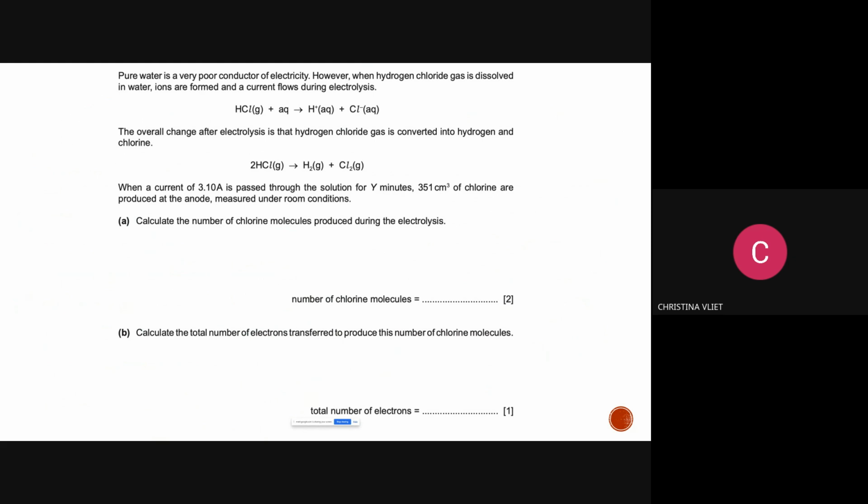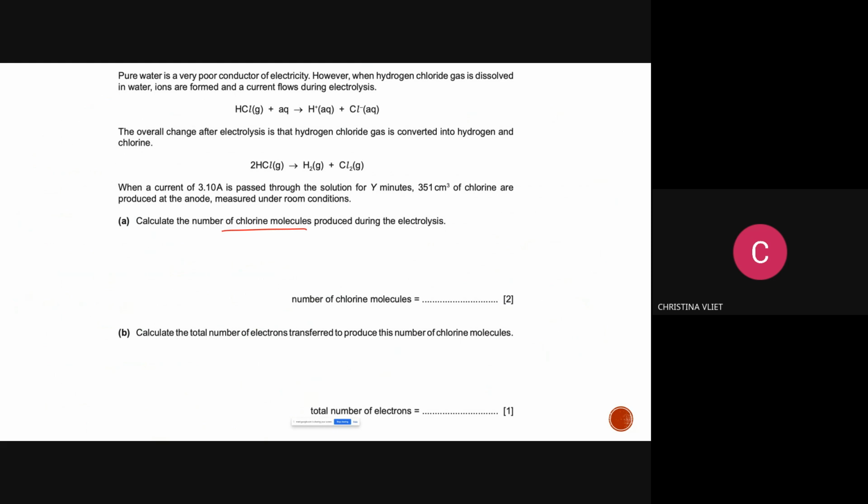When a current of 3.1 amps is passed through a solution for some number of minutes, 351 centimeters cubed of chlorine gas are produced at the anode, measured under room conditions. Can you calculate the number of chlorine molecules that have been produced for 2 marks? What would we start with here?